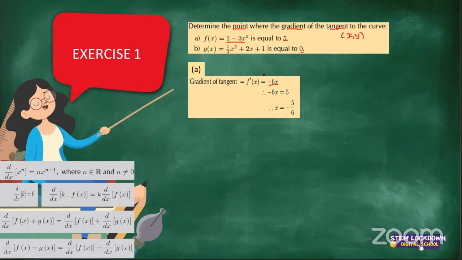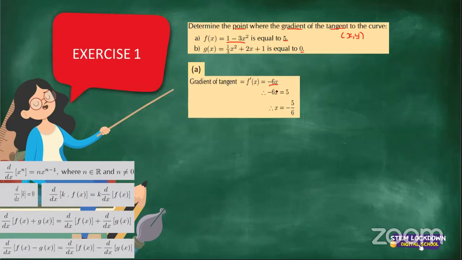Okay, so now that you have the general equation for your gradient, it means if you want the gradient at a specific point, you need to determine the x and y value.